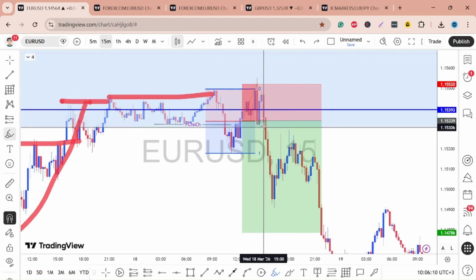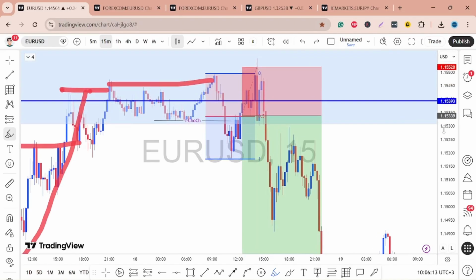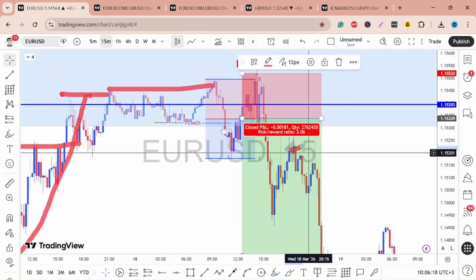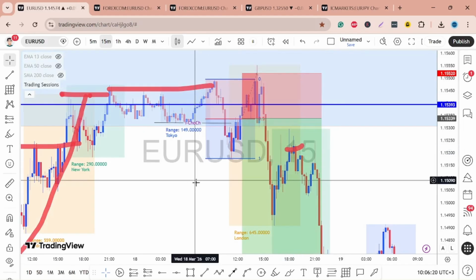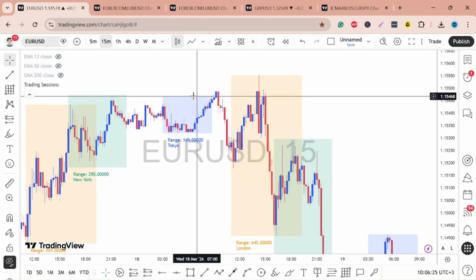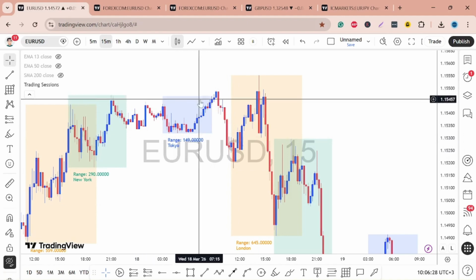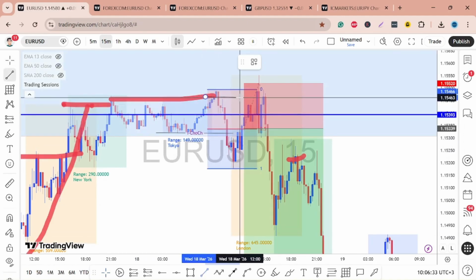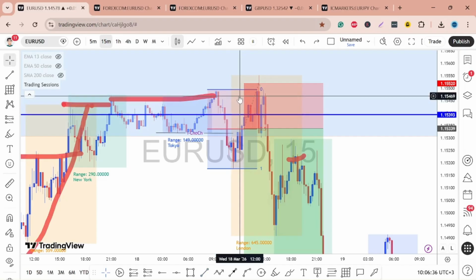So once we had that down closure, I was like, okay, the market just did a sweep of liquidity on me. And actually, it was a sweep of liquidity because this was the Asian high. If you are very keen, you realize that this was the Asian high, but in this case, the Asian high had already been taken out, so that is why I did not give so much room on this particular stop loss.